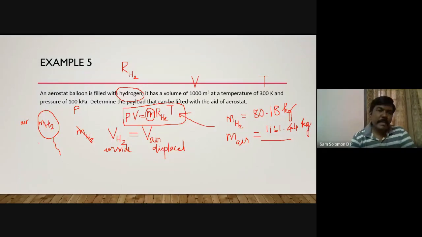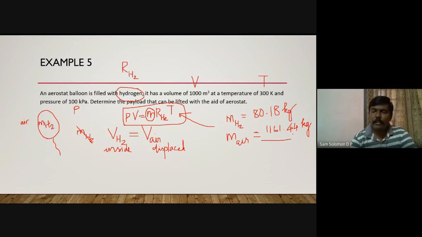When I replace hydrogen with air, the mass of air would be 1161.44, and that would be the amount of air displaced by the balloon. When I use hydrogen inside, the mass is only 80.18, but 80.18 kilogram of hydrogen will be displacing 1161.44 kilogram of air.